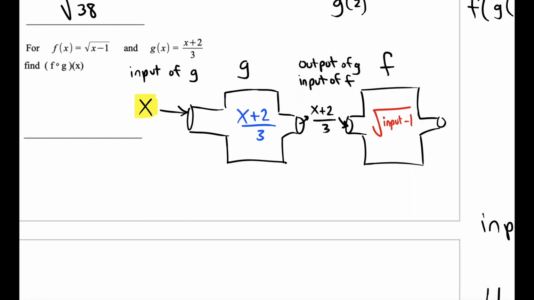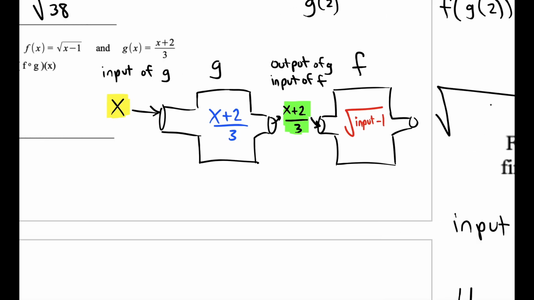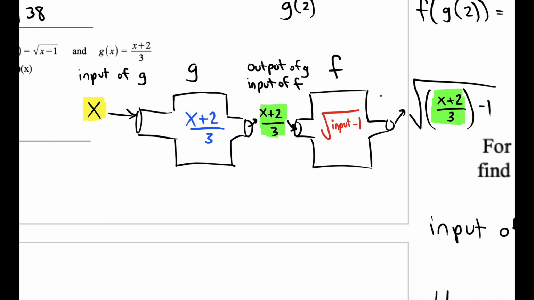This whole formula is his input. So what that means is we want to write a square root of something minus 1, and it's going to be a whole formula. The formula to use is x plus 2 over 3.